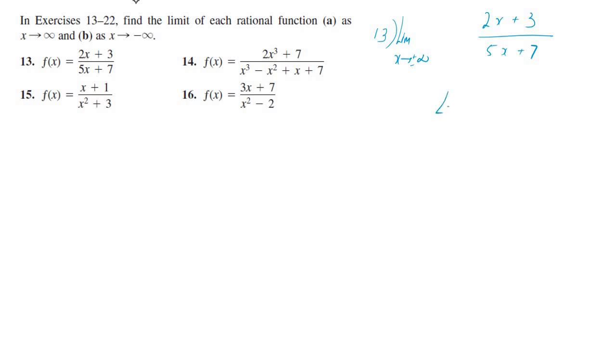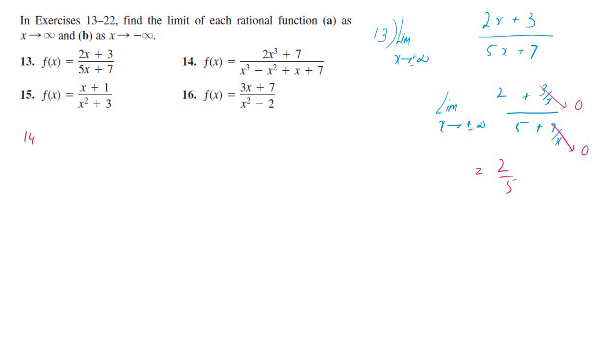So we get the limit as x tends to plus or minus infinity of (2 plus 3 over x) over (5 plus 7 over x). We know 1 over x goes to 0, so these go to 0, whether it's positive infinity or negative infinity. So we get an answer of 2 over 5 as x goes to positive or negative infinity.